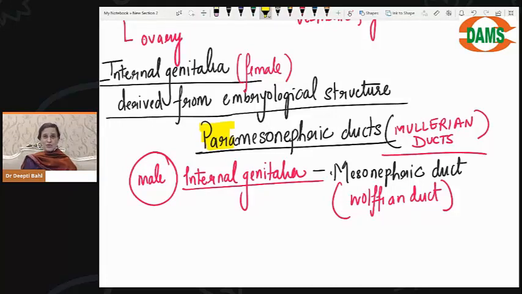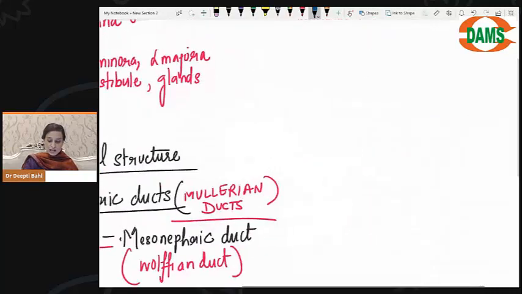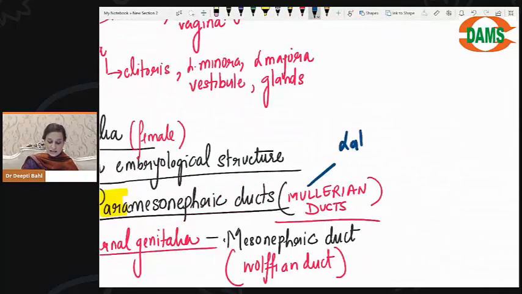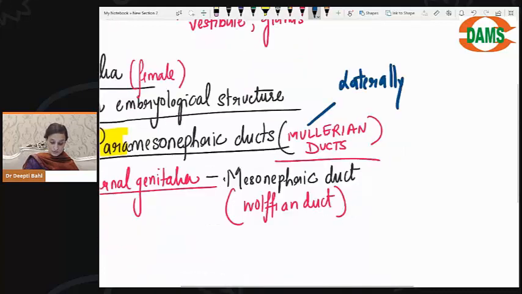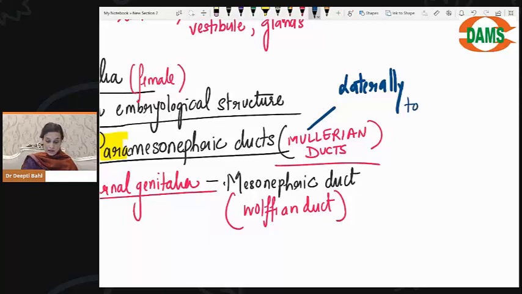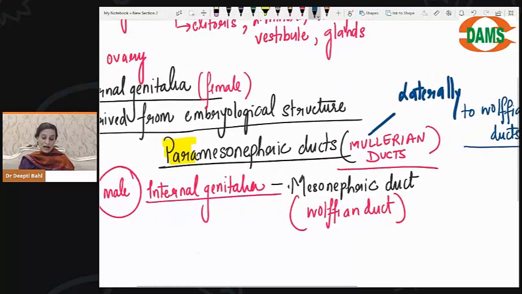When you say Mullerian duct is paramesonephric, it means in the body, Mullerian ducts are going to be located laterally to the Wolffian ducts. So paramesonephric ducts are located lateral to the mesonephric ducts or Wolffian ducts.